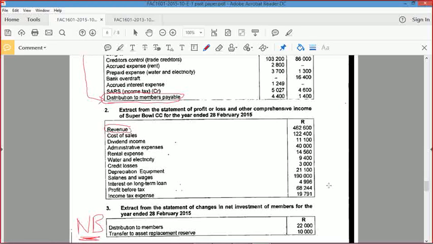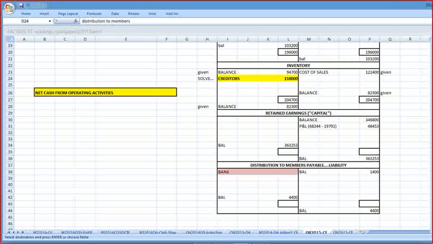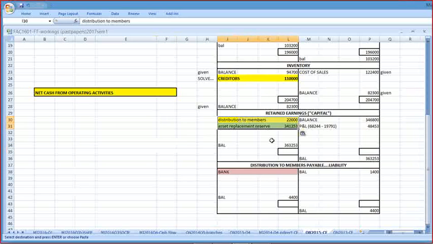Yes, they are. They're going to decrease it. So where are you going to put that? On the credit side. Wait, on the debit side. Why the debit? Because it's decreasing the retained earnings. Yes, there you go.